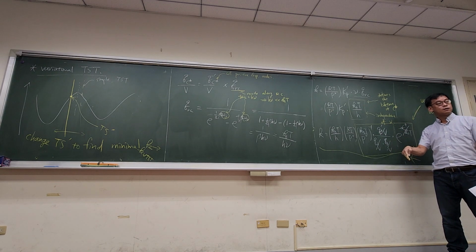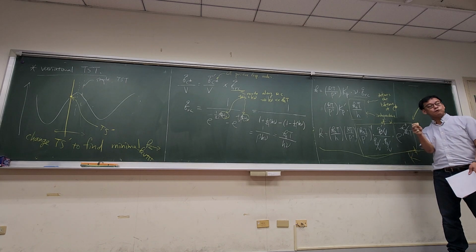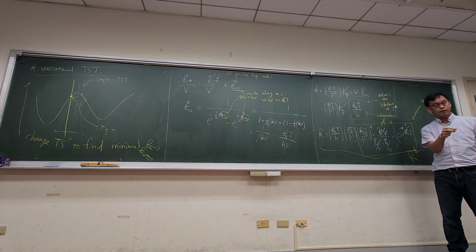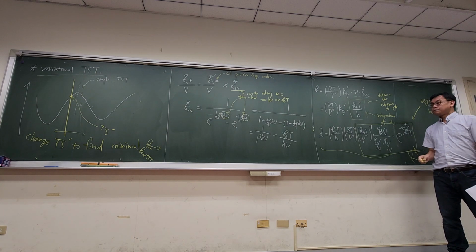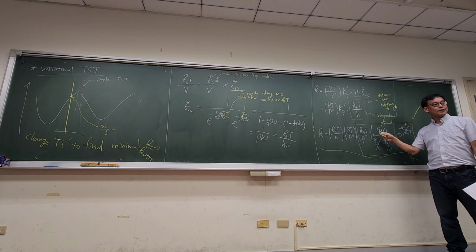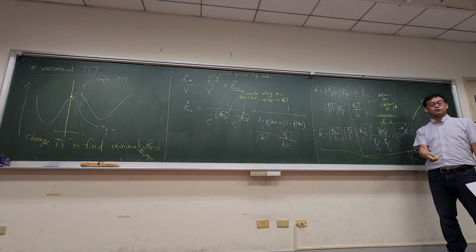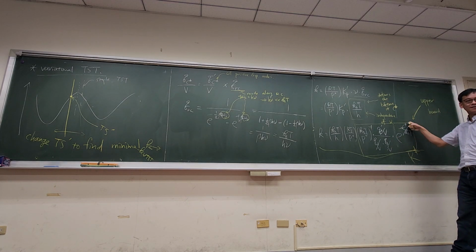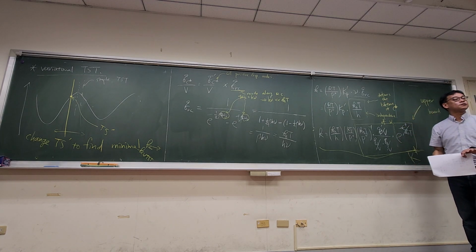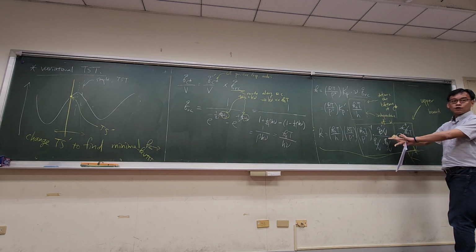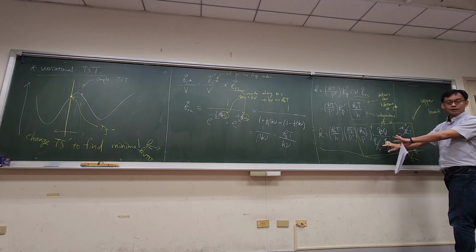So then you find a better transition state. Transition state prime, that's better. But if you change it further, then this part will not decrease. Then the transition state, the best you can do, is the one on the top that minimizes this term. So variational transition state theory is actually a balance between this part, this molecular structure, and this part.